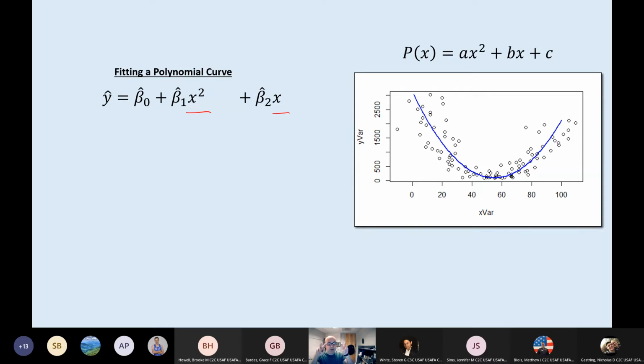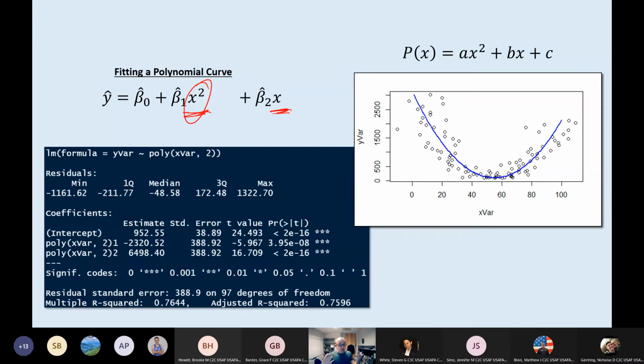That transformation is saying I'm going to add variables to my equation, but they're not really new variables. They're just higher degree versions of my variable. R doesn't know that. It just says one variable is X, another variable is X squared, and it treats those as two different variables and then tries to do a linear regression on them. And you know, as the human, that what it's actually giving you is a polynomial equation, right?